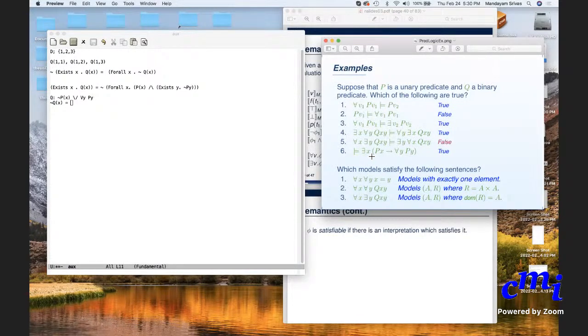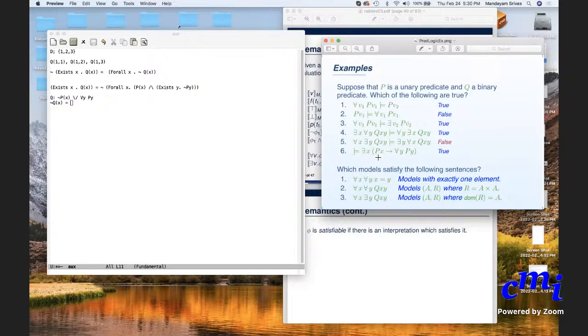Now, let's suppose that in the model, P is in those models in which P is true everywhere. Then what do you have here? P of X, then I can choose any X for that matter, because for any X, P of X is true.